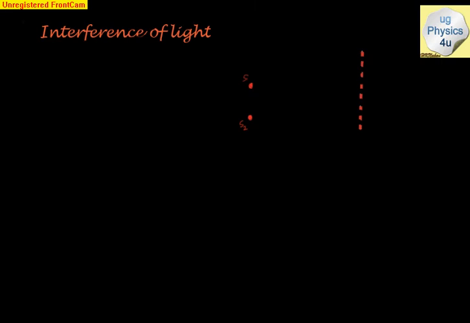Now we have to find the condition for getting this brightness and this darkness. Under what condition will we find brightness or darkness of light on the screen? For that, let us assume one wave starts from here and another wave starts from here, and both these waves will meet somewhere on the screen.